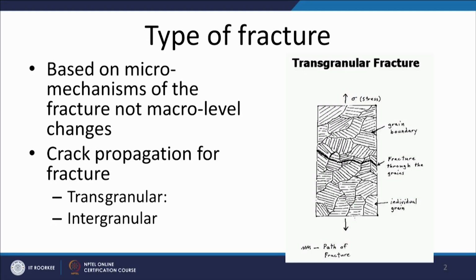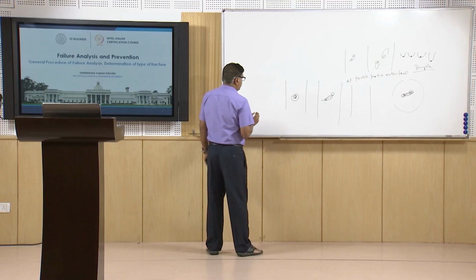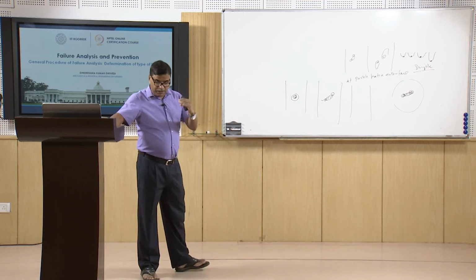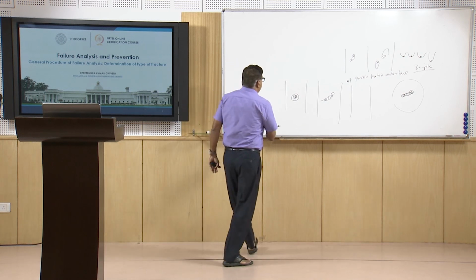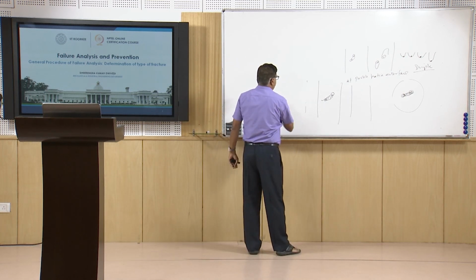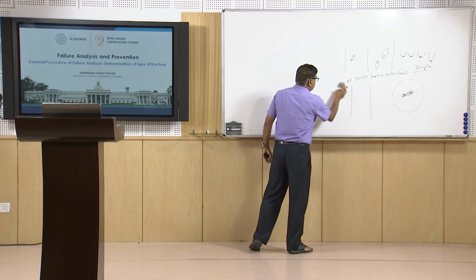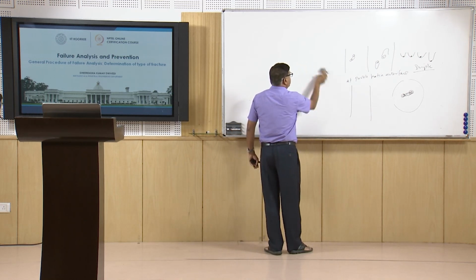So, now we will be going sequentially through the various aspects related to fractures. What we will be seeing first is that fracture can broadly be grouped in two ways. One is the way by which the crack grows during the fracture.